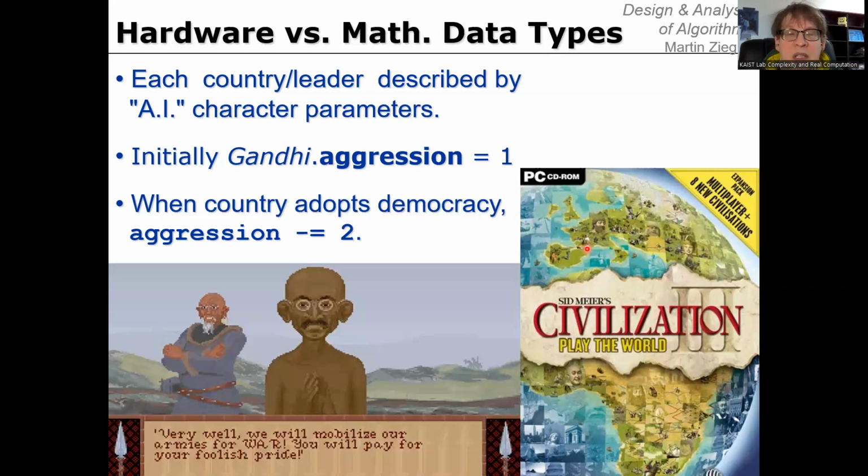And this is exactly what happened: when India, during the course of this simulation, developed democracy, it suddenly became extremely aggressive and started to wage war against its neighbor countries, which was kind of a gag, or you could say a programming error, which was not maybe the intended behavior of the original programmers.